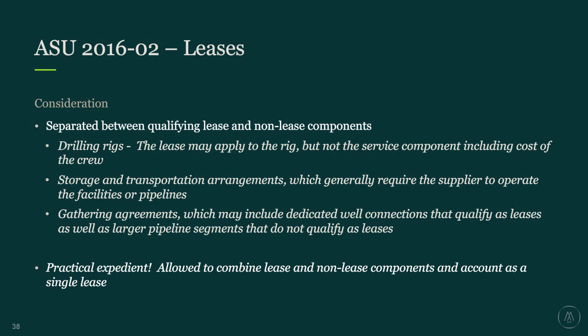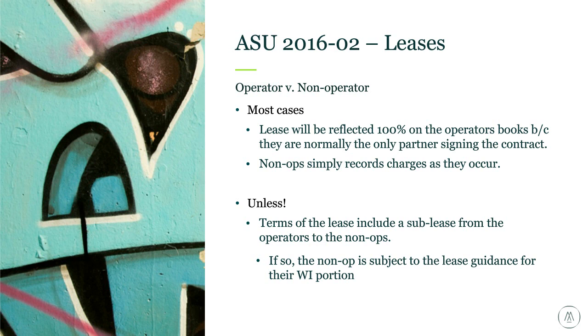And we touched on the operator. Think of operator versus non-op. In most cases, as we mentioned, we expect that these new right-of-use assets, the leases, will be reflected 100% on the operator's books. They're the ones who contract with the vendors.